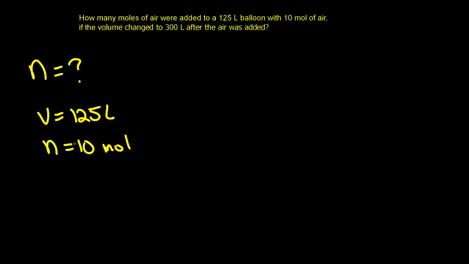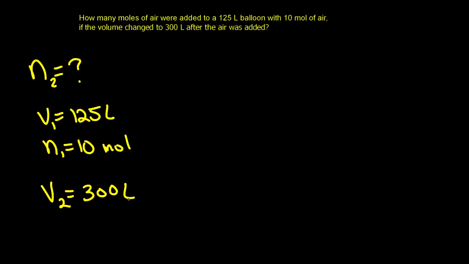These two values go together, so I'm going to call this V1 and N1 because that's my originals. That makes this N2. If the volume changed to 300 liters, so my volume changed to 300 liters because we added air, and I'm looking for how much air did I add there.